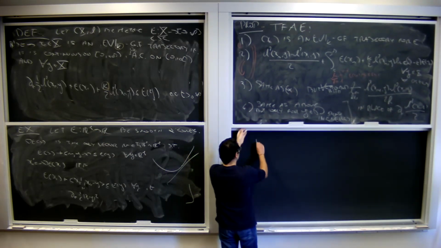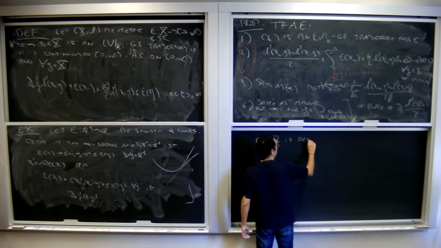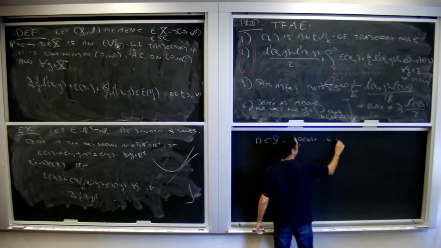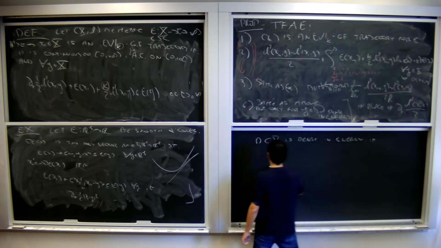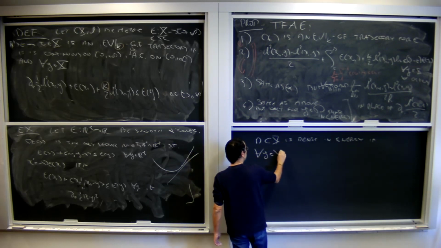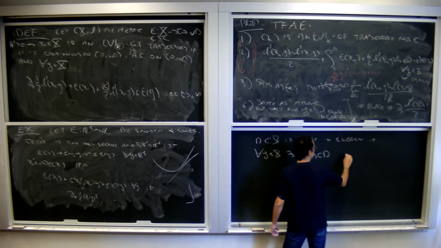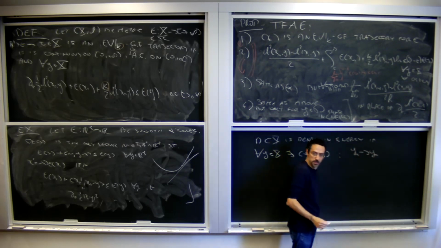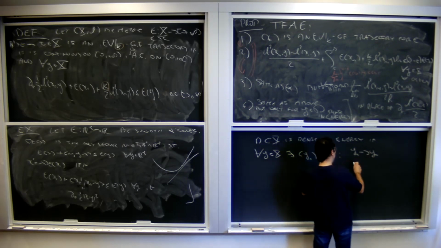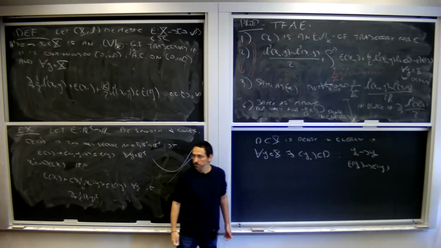Remember, D inside X is dense in energy if, for every y in X, there exists a sequence y_n inside D such that y_n converges to y. That's density. Density in energy means that not only this is true, but the energy of y_n is converging to the energy of y.